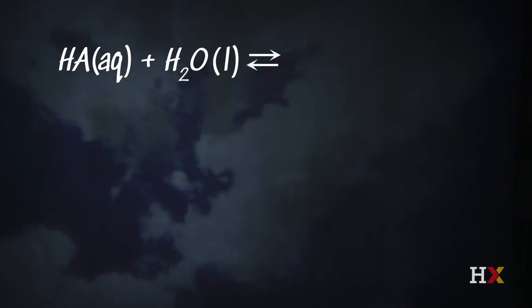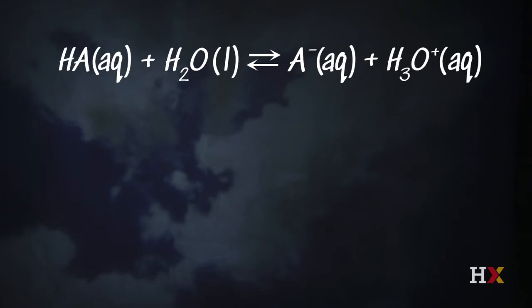We start by writing our acid reaction in the general form as HA in the aqueous phase, and we are going to react it with our good friend water, which is in the liquid phase, and that's going to set up an equilibrium that gives us the product, which is the A- anion that came from the acid after the extraction of that H+, and the other product, of course, is H3O+, also in the aqueous phase.